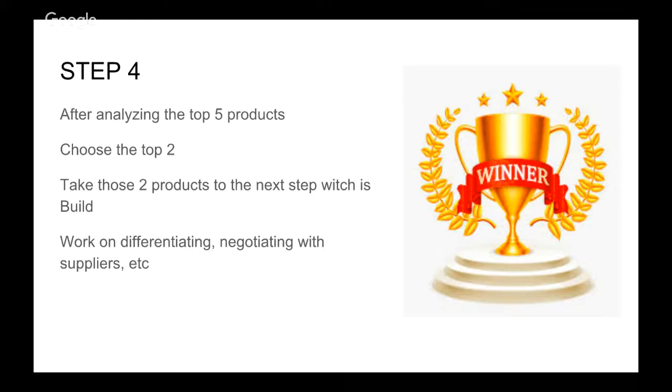I look for ways to differentiate the product, whether by fixing something on the product, using better quality parts, or working on packaging, different things, and you have all the training in the members area for how to do all this. But I take it with 2 products, and that way I know that if one product ends up not being a good one, I have a backup product, and I can still keep going and working towards launching.